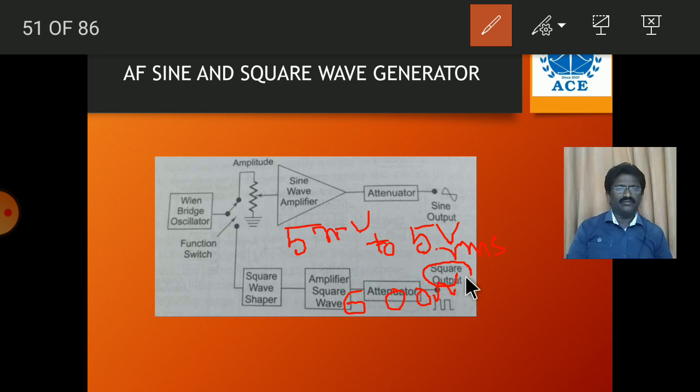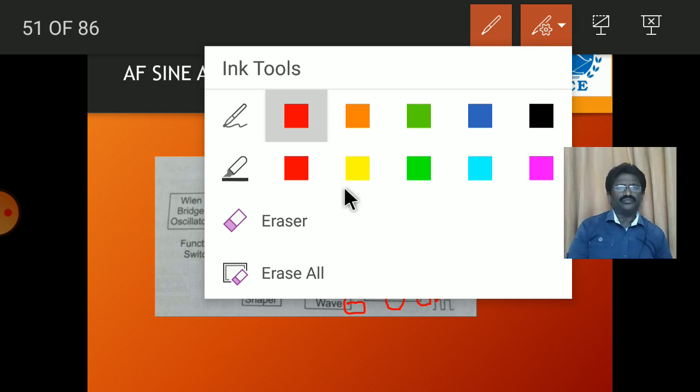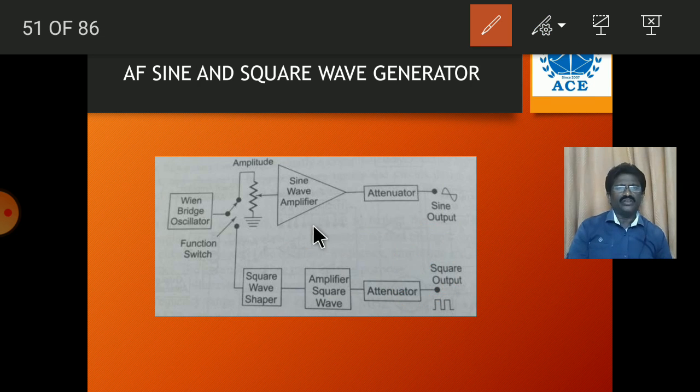The square wave amplifier at this stage can be varied from 0 to 20 volts peak value. The square wave duty cycle can be adjusted from 30% to 70%.